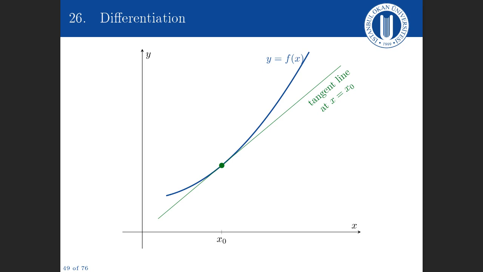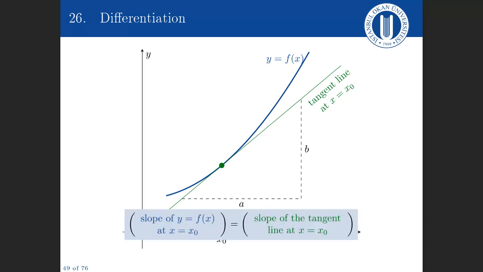This green line is called the tangent line at x equal to x0. And because it's a line, we can draw our triangle and then calculate the slope of the tangent line. We say that the slope of the blue curve at x equal to x0 is the same as the slope of the tangent line at x equal to x0.